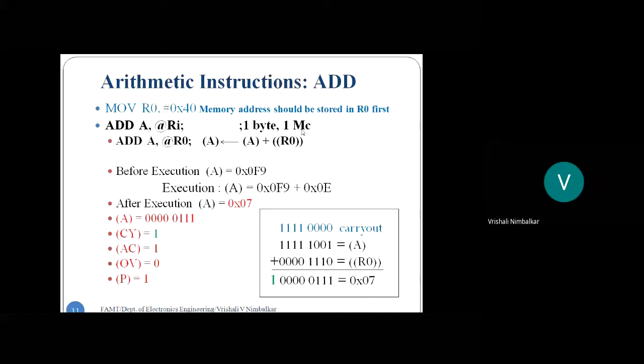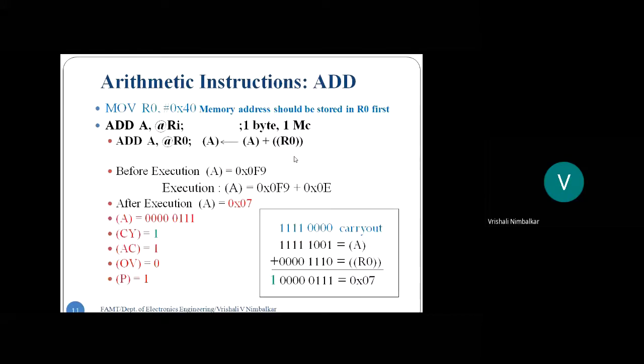The same example I have carried out. Before execution, accumulator was F9. Now, where is this 14? The number 14, that is E. Where is this E? The E is in memory and the address of that memory is in R0. So this E is pointed by R0.